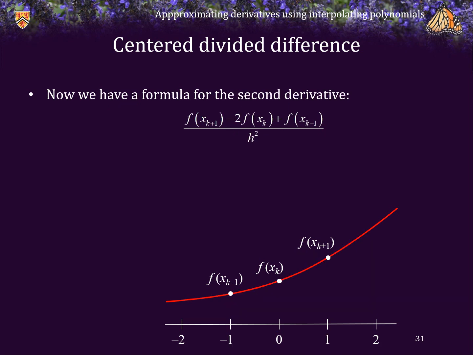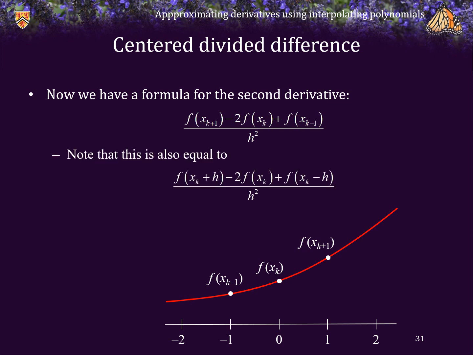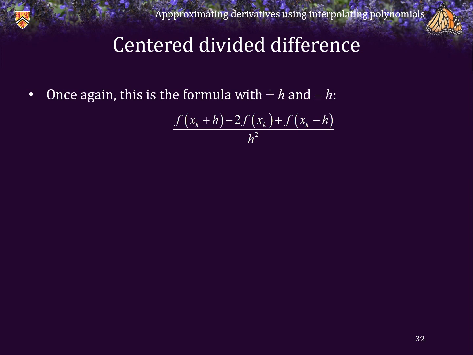So here we have a formula for the second derivative. And this is, of course, equal to this formula where we're using x sub k plus h and x sub k minus h. So once again, we have to ask ourselves, what is the error? All right, so this formula has one expression with plus h and another with minus h.